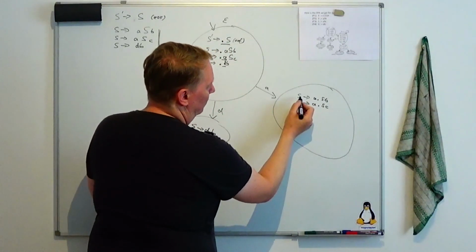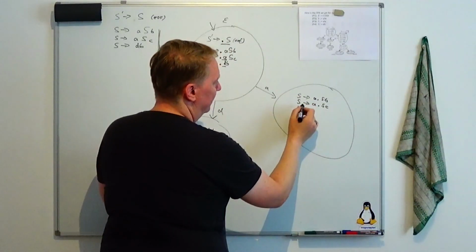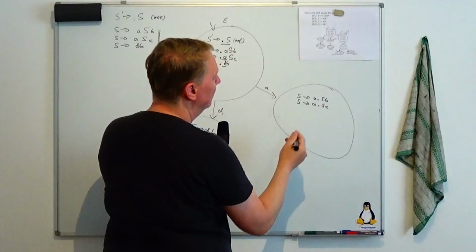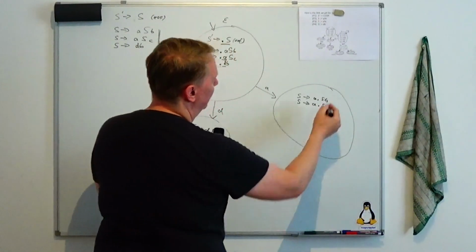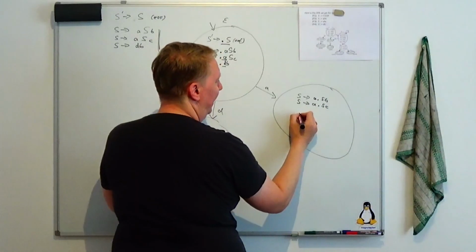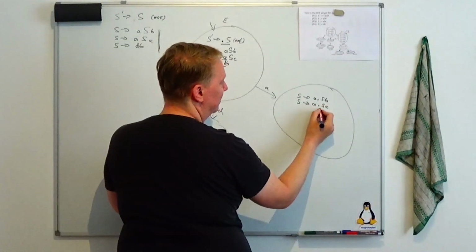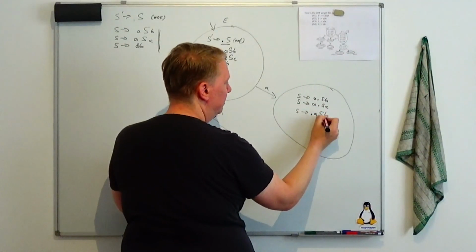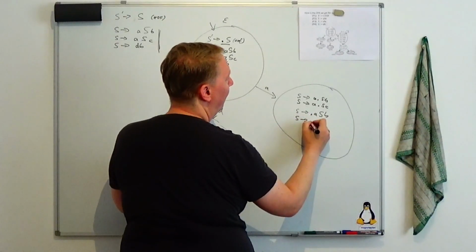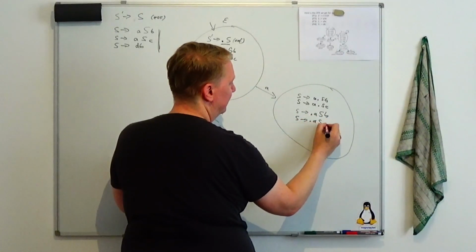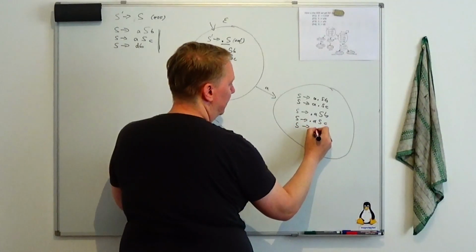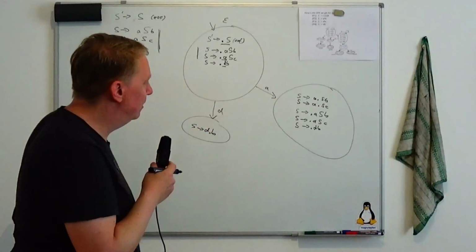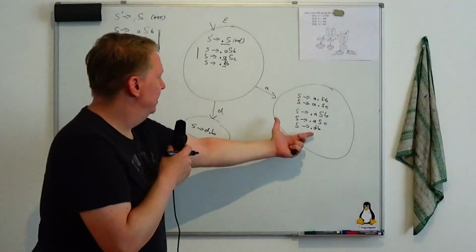So here now we have S goes to A point as B or A point as C. Now the point in both of these cases is again on the left of a non-terminal. So again we need to add the production rules for this non-terminal S. So point A as B, point A as C, point D, B. Okay, because after we've read an A, we can get another A, or we can get a D, right?